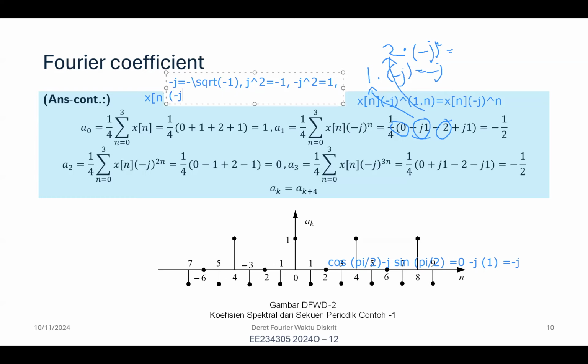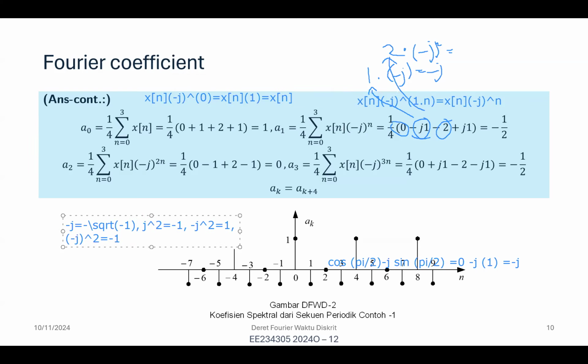So minus j times minus j is the same as j squared, which is also minus 1. Okay, so that would be minus 1.